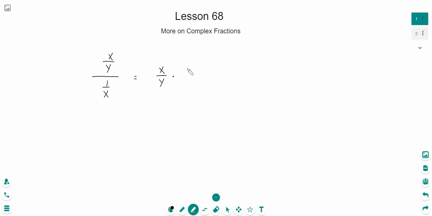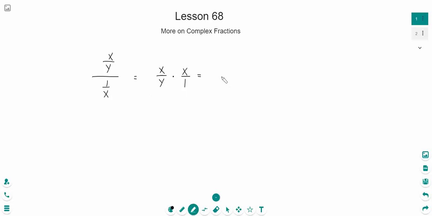So the bottom fraction becomes, in this case, x over 1 instead of 1 over x. All right? And that's basically the setup. That's the important step to understand here, is you change the division to multiplication, and you take the bottom fraction and you flip-flop it. You find the reciprocal, and then you simply multiply as usual.